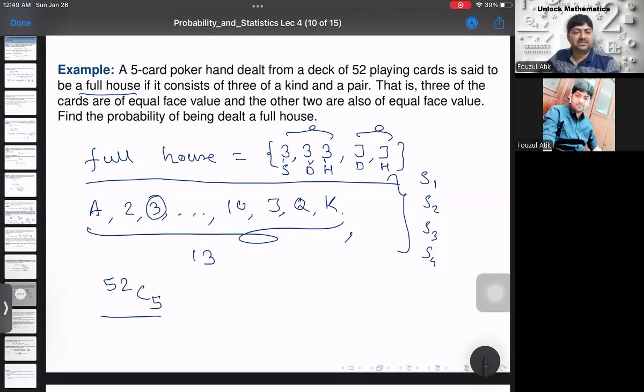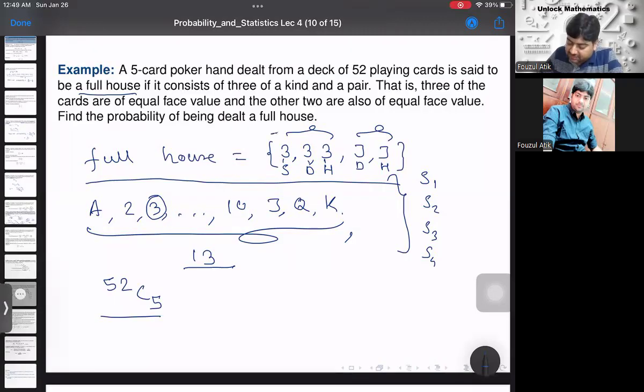Now I have these 5 cards in my hand, and what is the probability that it will be a full house? For that I need to know how many different ways the full house can be made. You have 13 different face values of the card, right?